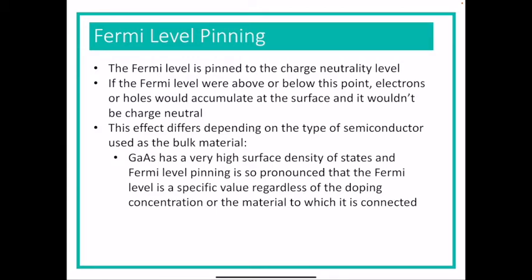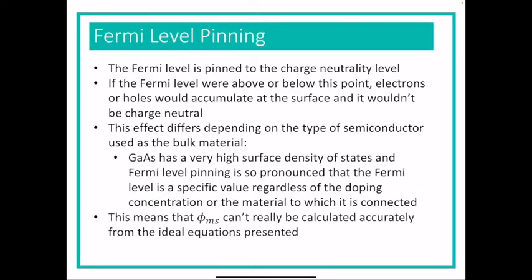It's always going to be the same. Silicon's not like that, but gallium arsenide is. But the upshot of this is that you can't really calculate phi sub ms directly and accurately from the ideal equations.